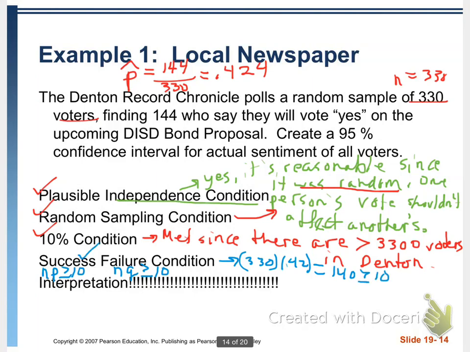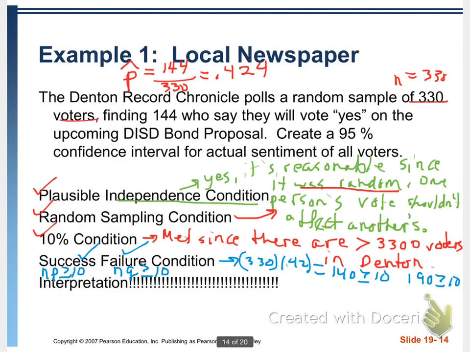So I can check off success. And then failure, if I subtract that 140 from 330, that leaves me 190, which is greater than 10, so my failure conditions are met. So we've got a big enough sample that we can use a normal model.